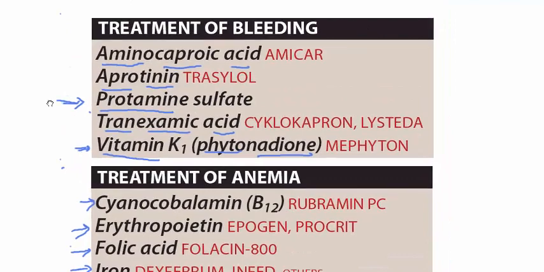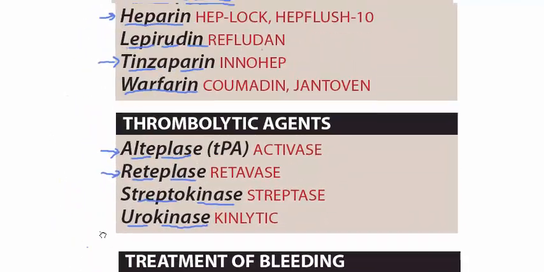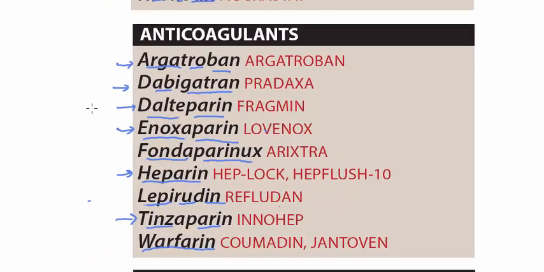See that the difficult one in this class is the anticoagulants, but we have to remember heparin and the related heparins like enoxaparin, dalteparin, and tinzaparin. And then we have argatroban and dabigatran, and then fondaparinux, and then lepirudin, and warfarin.